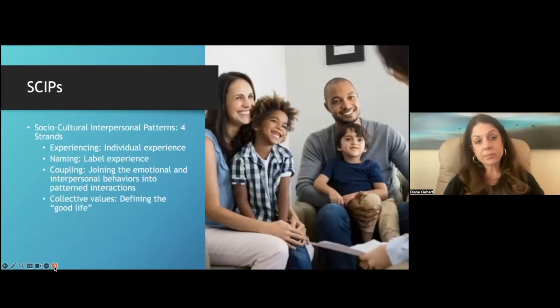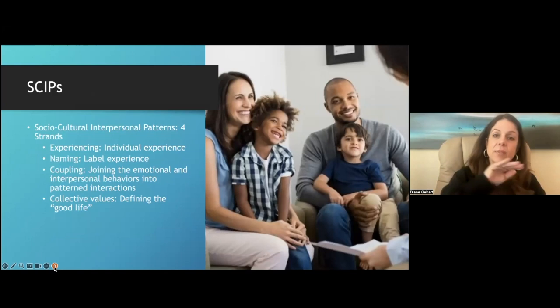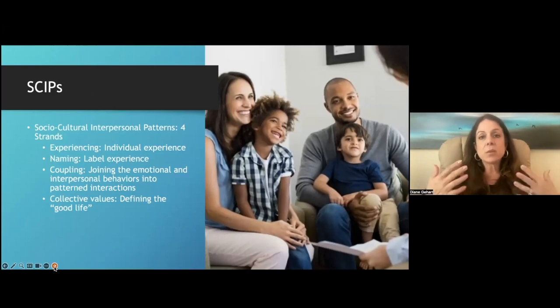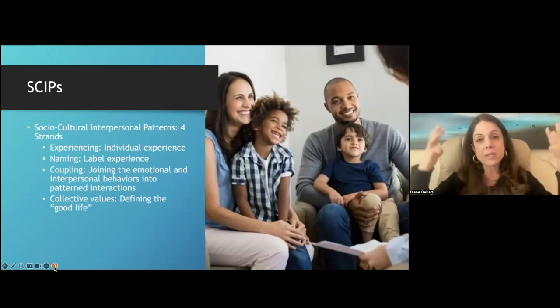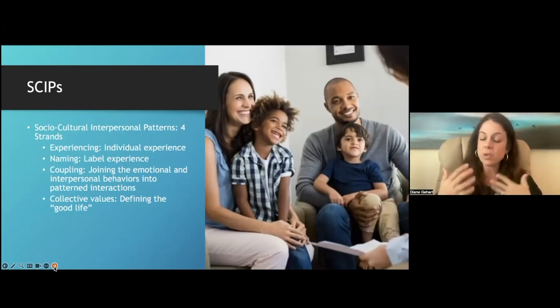So the SCIPs, the social cultural interpersonal patterns, identified four different types or strands of these approaches. There is the experiencing: your individual experience of your social location, social identities, and dominant discourses, and how you experience them.